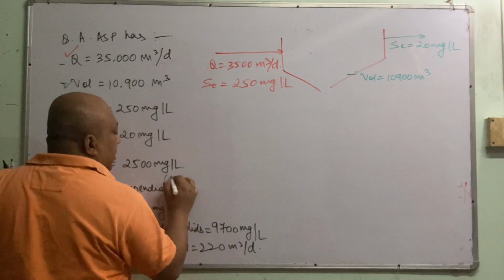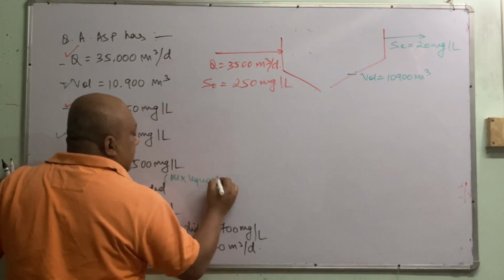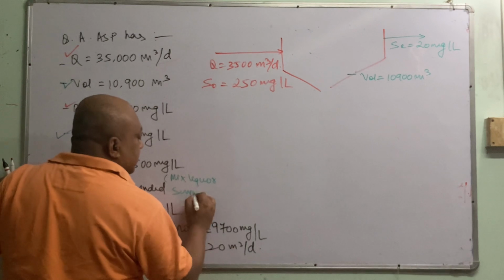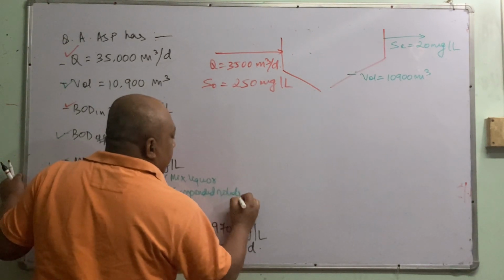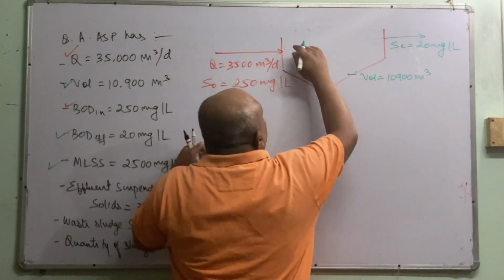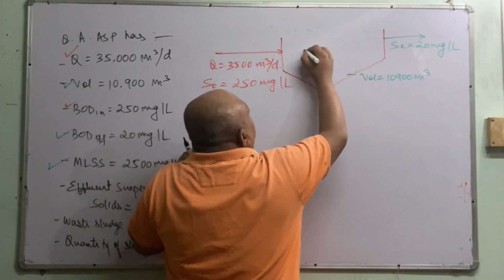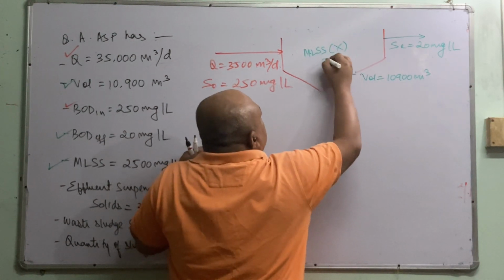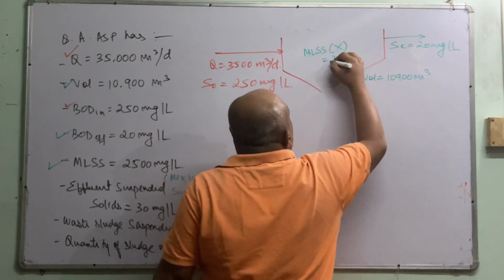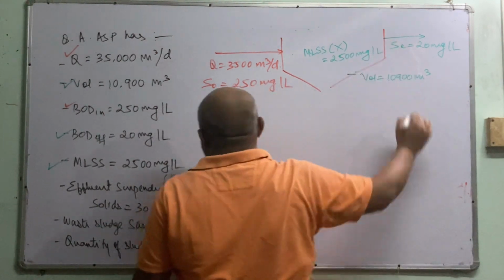MLSS stands for mixed liquor suspended solids, that is the X, the suspended solids inside, we call it MLSS, or X, is equal to 2,500 milligram per liter.